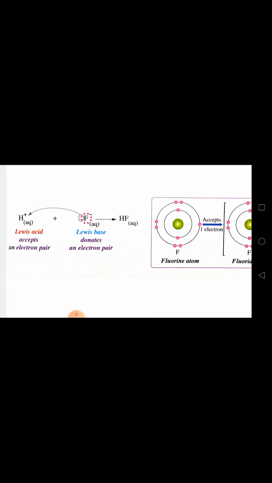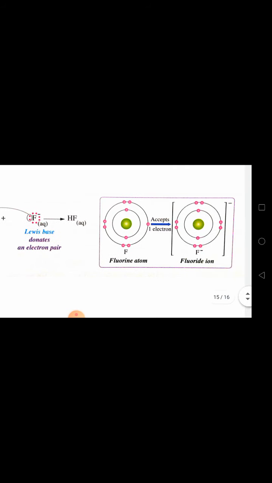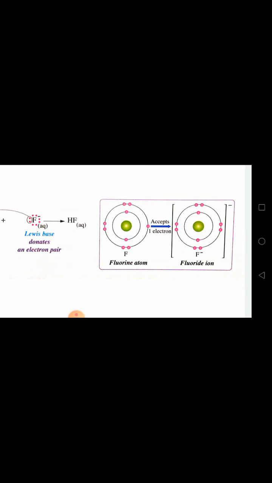One of them is donated to the positive hydrogen ion. In this case, fluoride ion is a base according to Lewis theory, while the positive hydrogen ion is an acid according to Lewis theory. This is the figure illustrating this transfer of lone electron pairs.